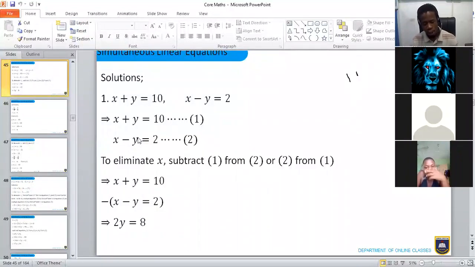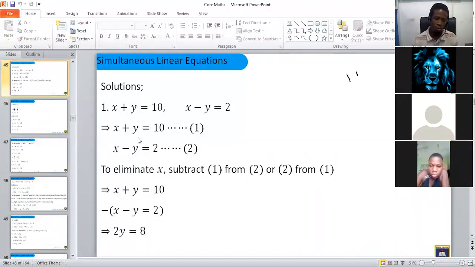Eliminate means you have to make that variable go to 0 so that it will not be in the equation anymore. So since the coefficients are the same and we check for the signs, if the signs are the same, then we subtract. That is what I stated in the steps.